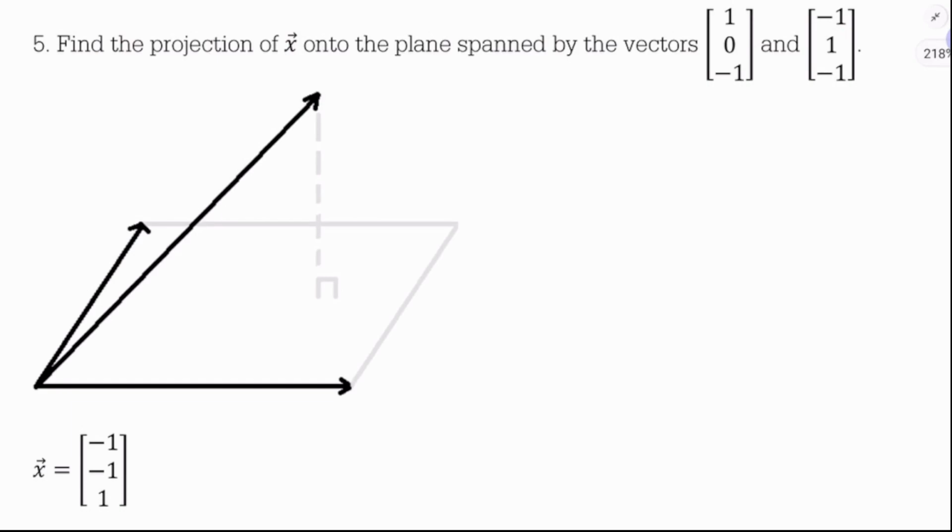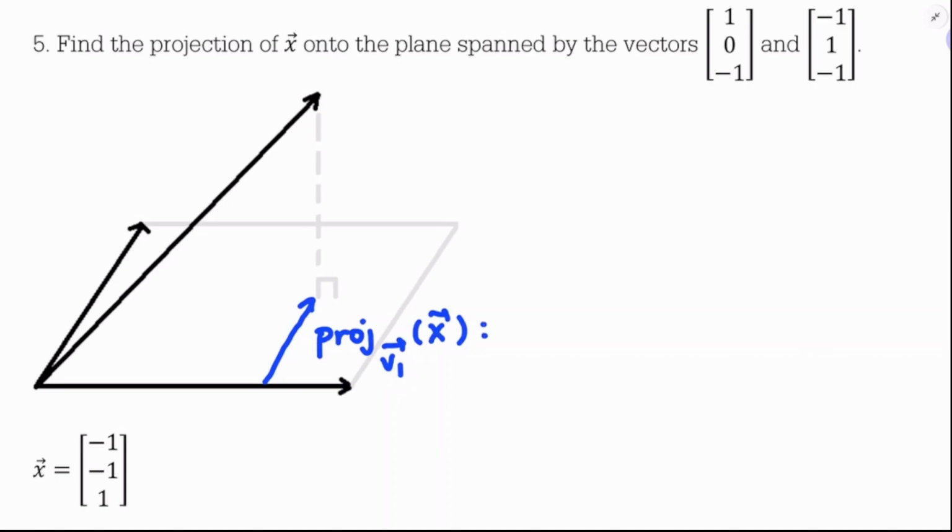All right, so I'm going to do the same idea. I'm not going to be as careful with the drawing. So that's going to be the projection of X onto the first vector. It doesn't matter which one I let be the first and the second. I think that was the opposite of how I'd drawn it before, but it's all right. So I'm going to dot X with V1.